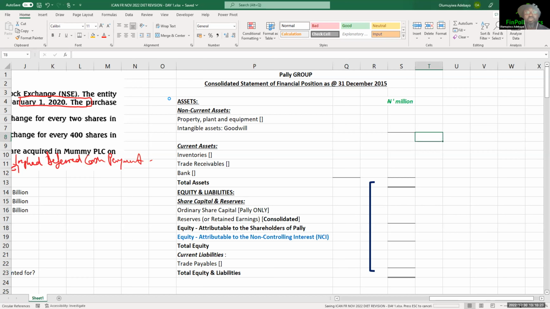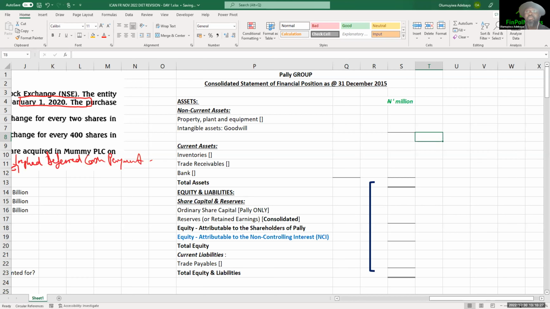Now, from the information we have, let me just copy this balance sheet somewhere here so that I can see what I'll be doing. Okay, I believe you can see what I'm doing.